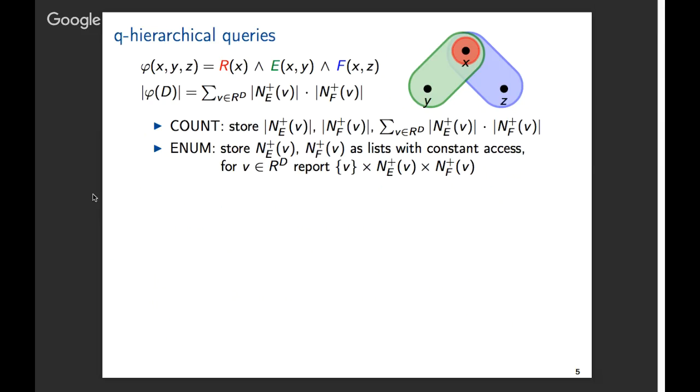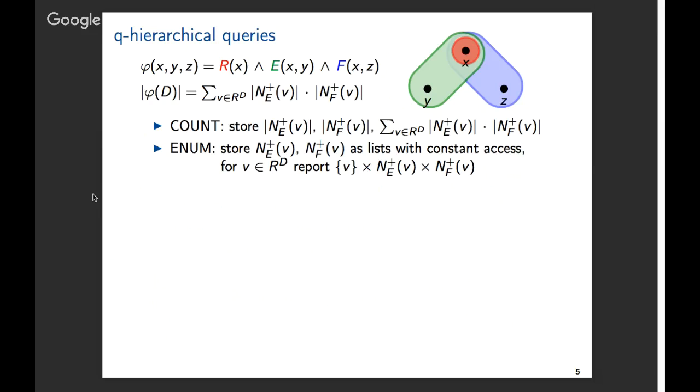Similarly, if we want to enumerate the patterns that occur in the graph, then we could just store the adjacency lists with respect to these relations E and F, in such a way that we can insert and delete edges from these lists in constant time. Then in order to enumerate, we go over all red vertices and build the Cartesian product between all neighbors with respect to E and all neighbors with respect to F with a nested loop.